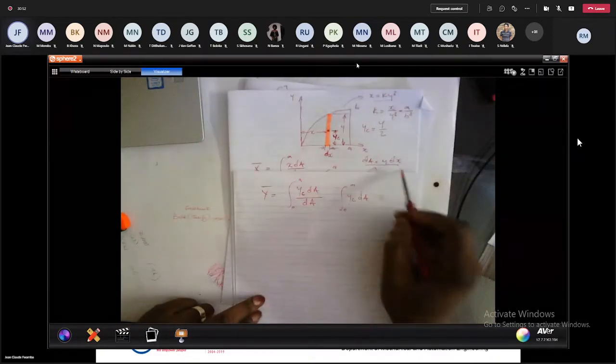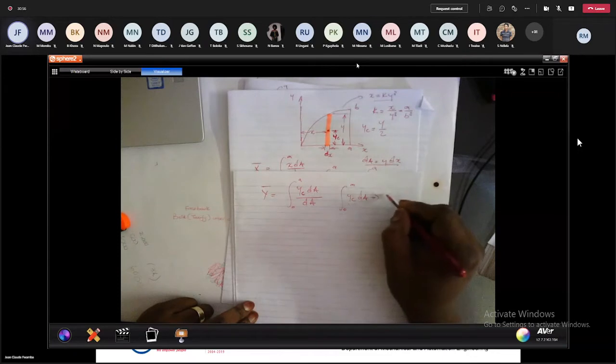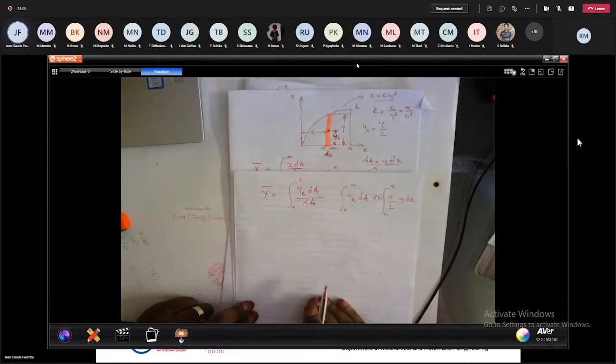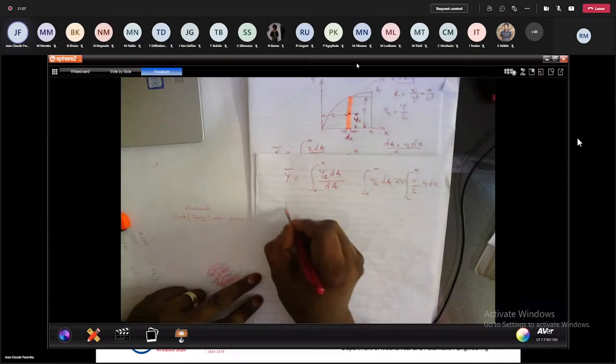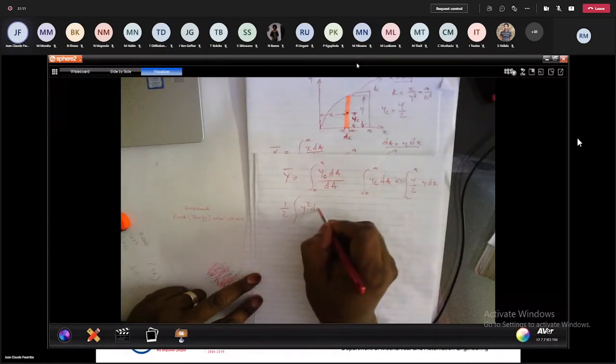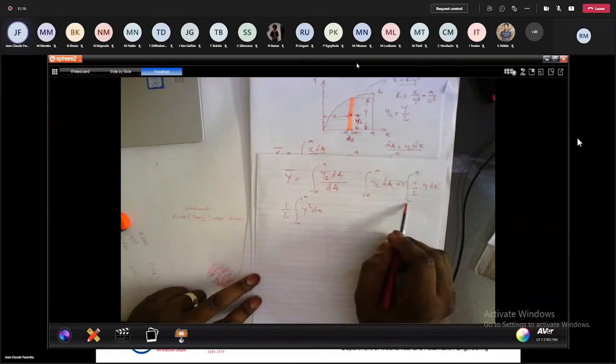It's y dx. So this will translate into y/2 times y dx within my limit, right? Which will be 1/2 integration of y squared dx within my limit, right? I'll just multiply this.